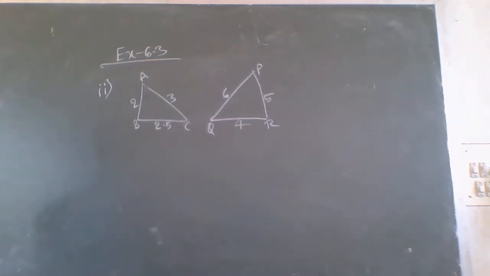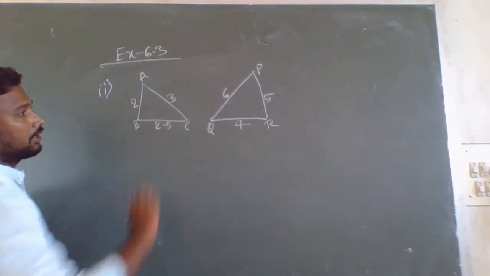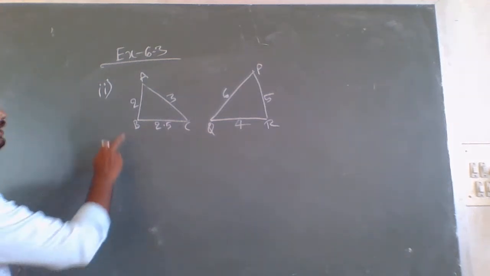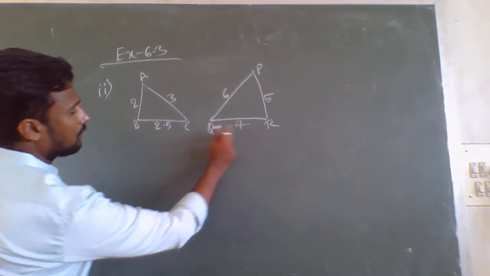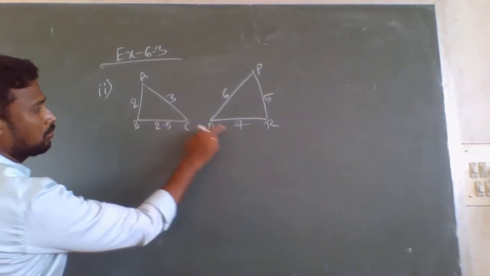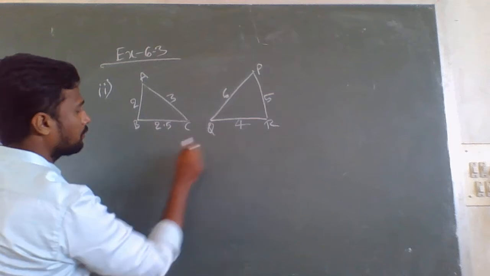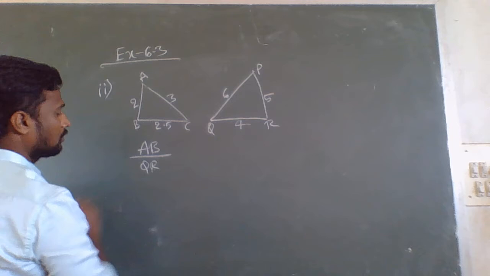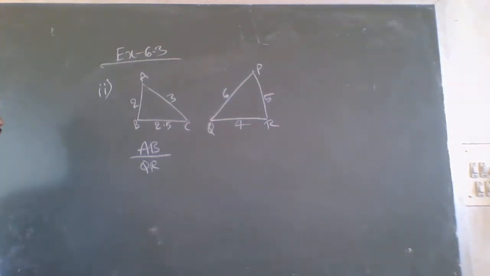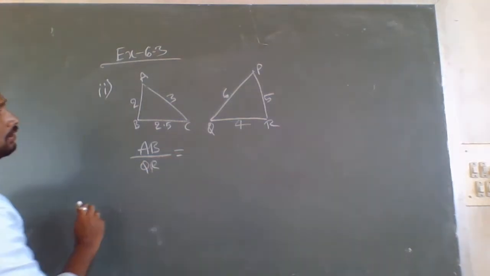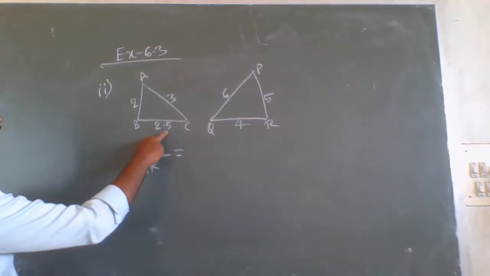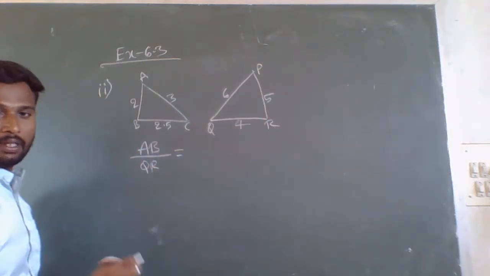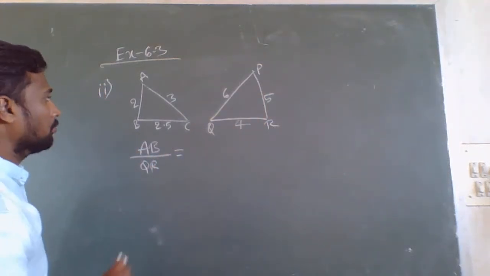Here in the two triangles they are given the lengths of the sides. So here AB is of 2 centimeters and QR is of 4 centimeters, 2 by 4, AB by QR. Like this only, here BC is of 2.5 centimeters and PR is of 5 centimeters. 2.5 by 5 means we will get 1 by 2 only.